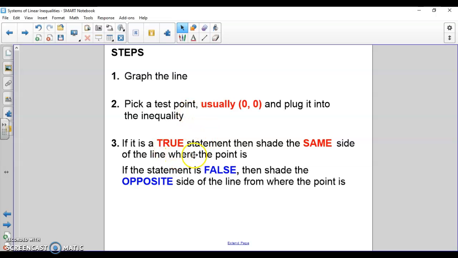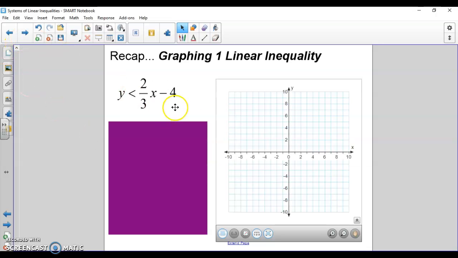If the test point is a true statement, then you shade the same side of the line as where the point is, and I'll explain that on the next slide and within some Delta Math as well. If the statement is false, then you shade the opposite side of the line from where the point is. Now with systems, you just do that process twice. That's about it.